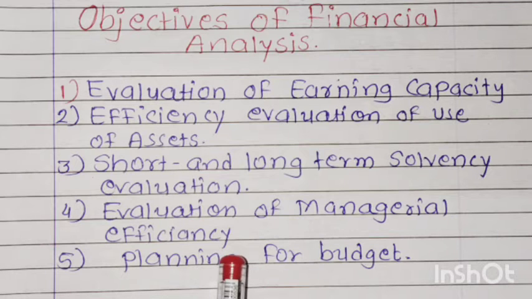Students, the owners and the management are two different entities in the company form of business. हमें पता है कि owners और management दोनों ही important है for a company.